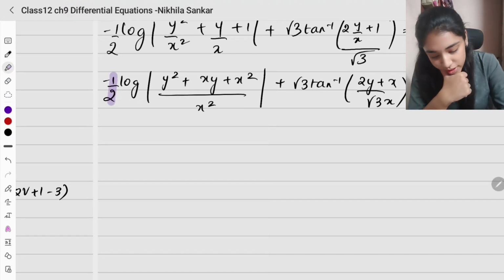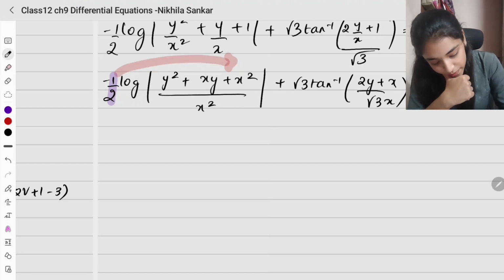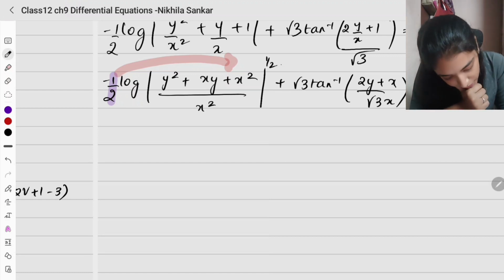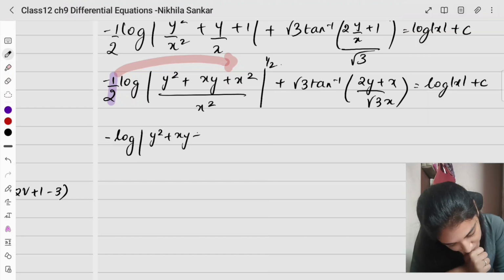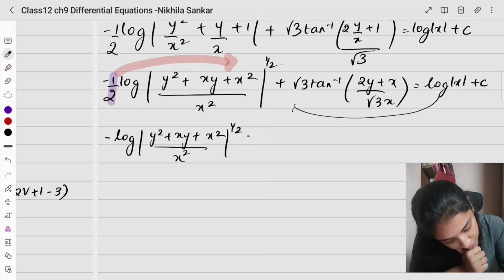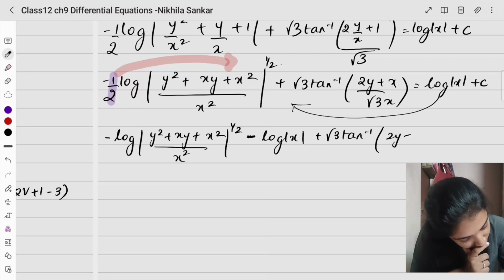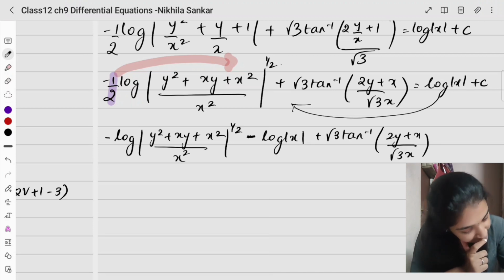So power gets in, I'm going to have to the power 1 by 2. Correct? So this is going to be minus log of y square plus xy plus x square the whole divided by x square to the power half. I'm going to bring this to the other side. So I'll have minus log mod x plus root 3 tan inverse of 2y plus x divided by root 3x equals c.